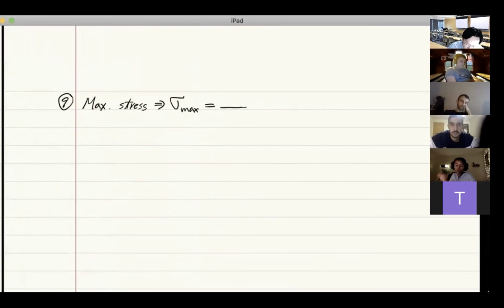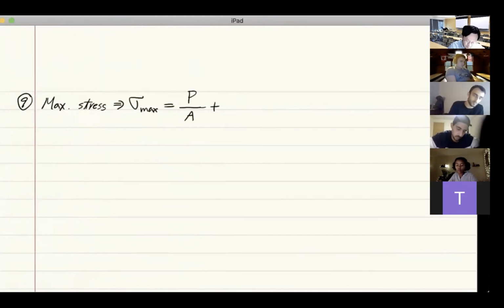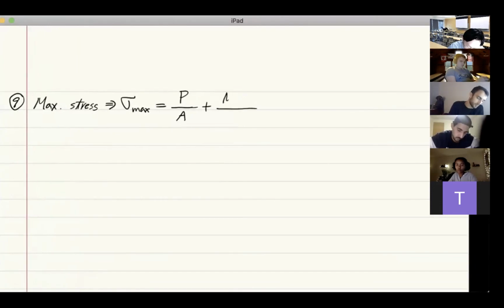This is coming from strength of materials: it equals axial force divided by cross-sectional area when you have only axial force. But when you have the combined action of force and moment, there's a second term. That's the moment term. That equals maximum moment times the distance from the outermost fiber to the neutral axis divided by the moment of inertia, which is capital I. So this is the expression from strength of materials.